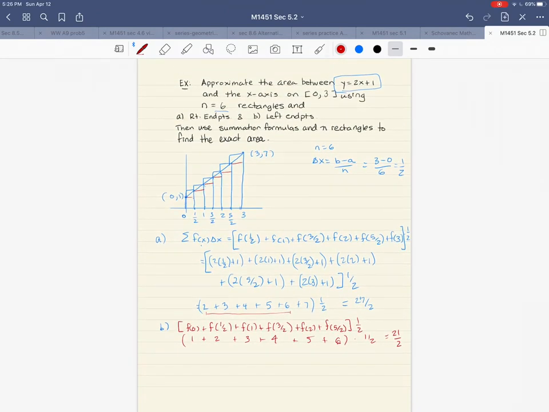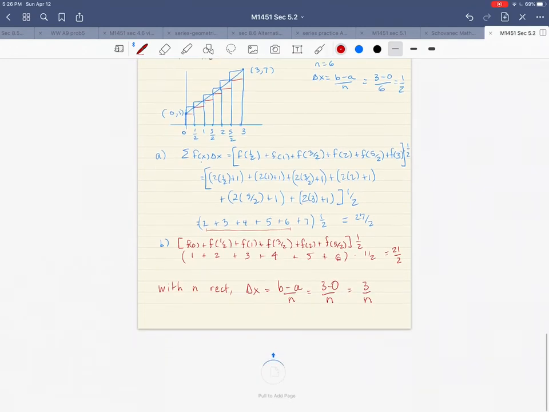So next I'm going to do it in general, using the summation formulas and n rectangles. So in the next part, b is 3, a is 0, so with n rectangles, delta x is b minus a over n, so it's just going to be 3 minus 0 over n, which is 3 over n.